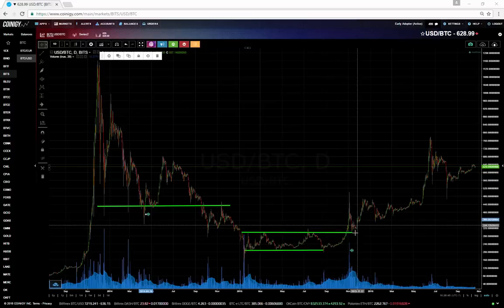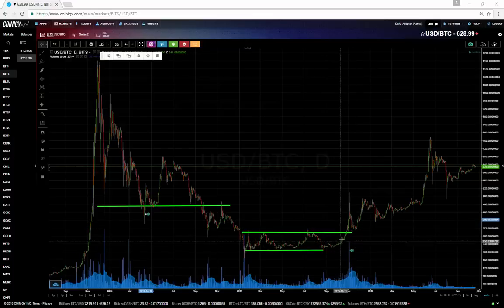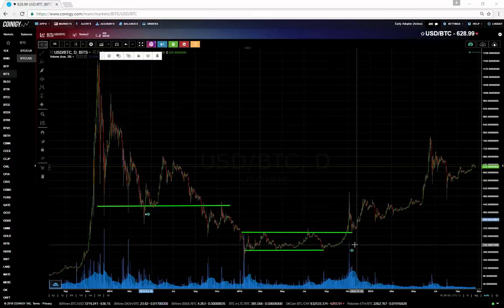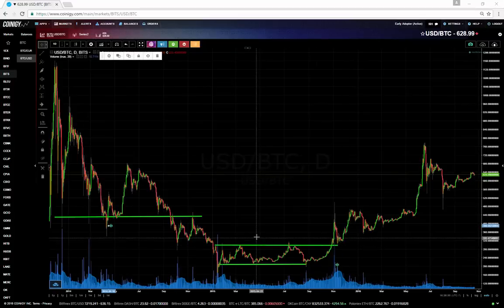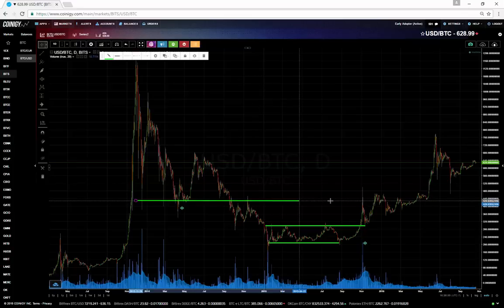And on uptrends, just like here, prior resistance can turn into support as it makes higher lows and highs. So if you were just to eyeball and ballpark this, there's a lot of support and resistance in through this area.